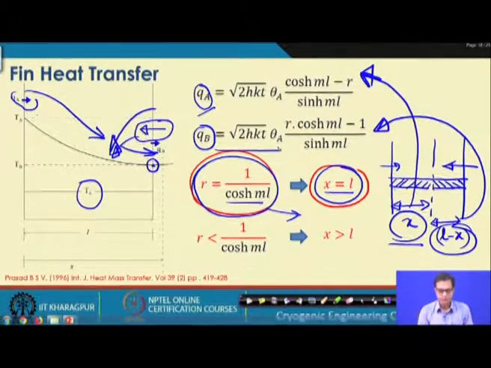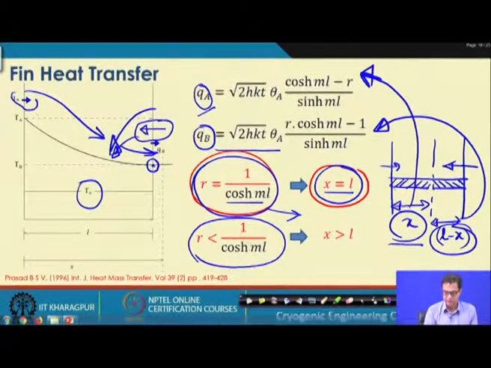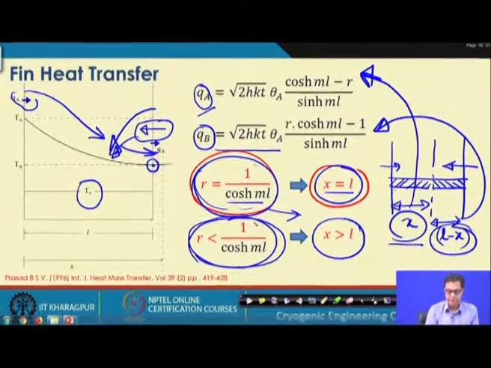Now, what happens if r is still smaller, this cos hyperbolic m l is more than 1, and we find that this becomes less than 1, and in this situation x goes beyond the physical boundary of this physical plate.